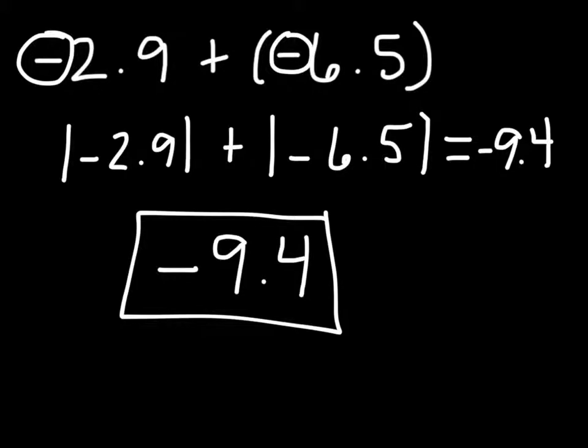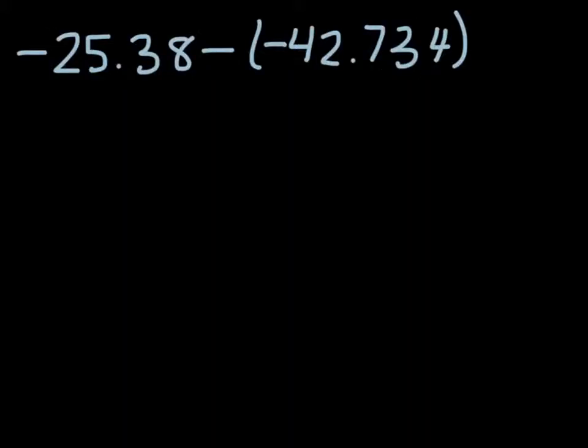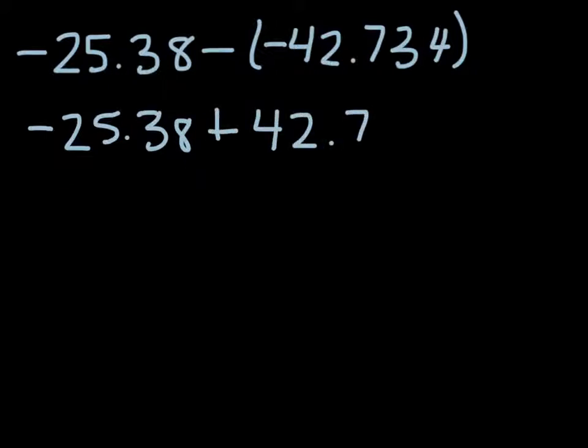Let's try another. Now let's find the difference between negative 25 and 38 hundredths and negative 42 and 734 thousandths. First, we'll rewrite the difference as a sum. Negative 25 and 38 hundredths plus 42 and 734 thousandths. Remember, these two negative signs become a plus.